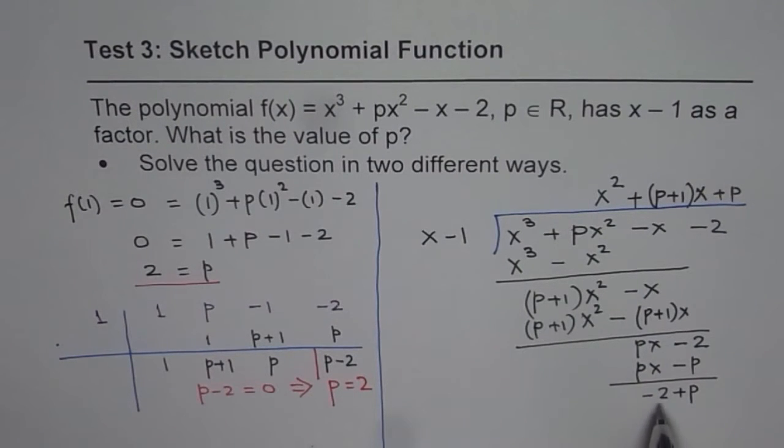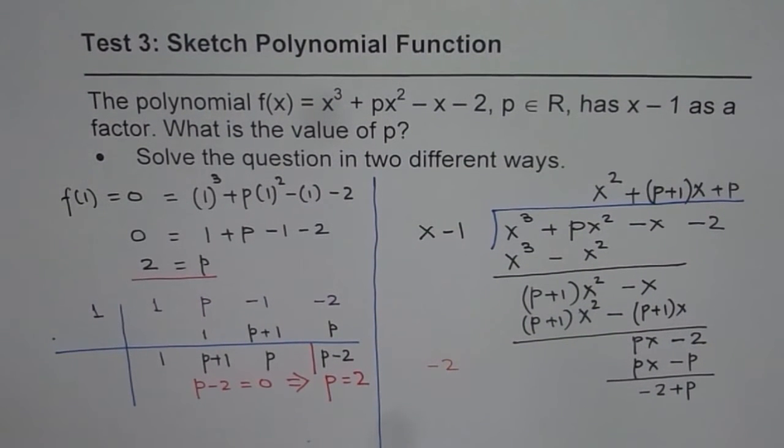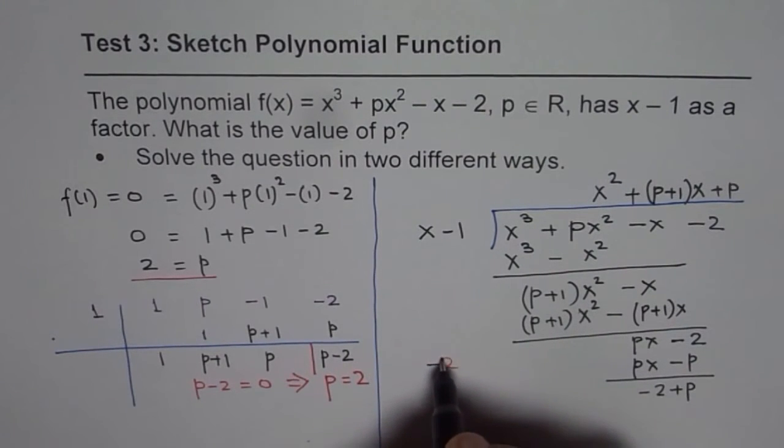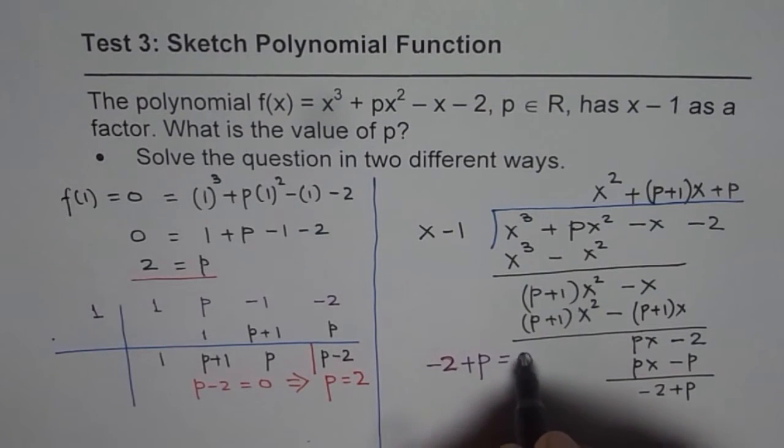Now since we know that the remainder should be 0, let me write it down here. The remainder should be 0 since x minus 1 is a factor, so we have minus 2 plus p equals 0. That gives us p equals 2.